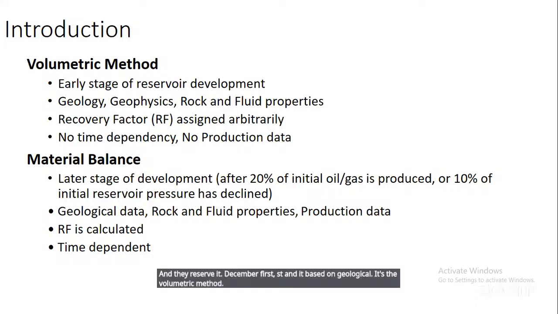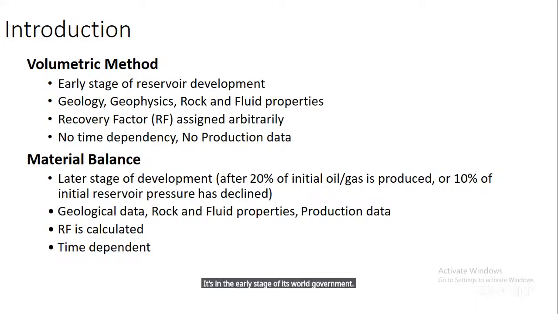It's used in the early stage of reservoir development. It depends mainly on geological interpretation of the reservoir itself plus the PVT data. The recovery factor is assigned based on benchmarking and analogy. It doesn't depend on time or production.